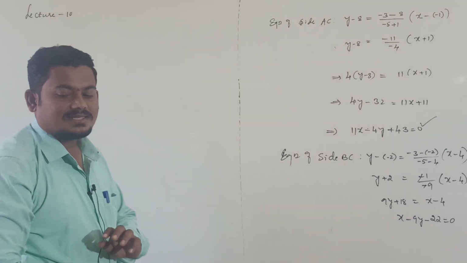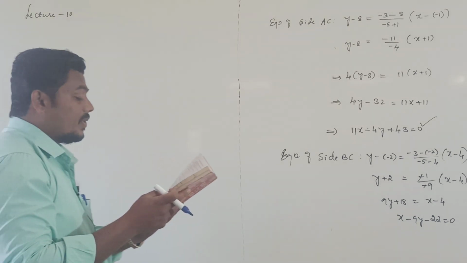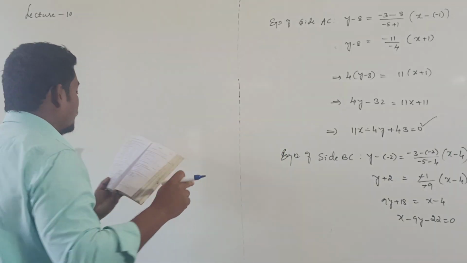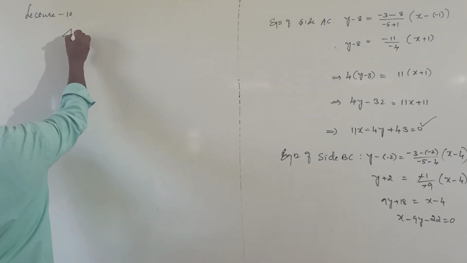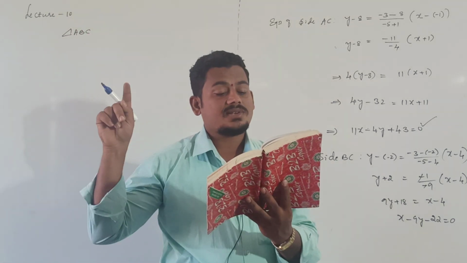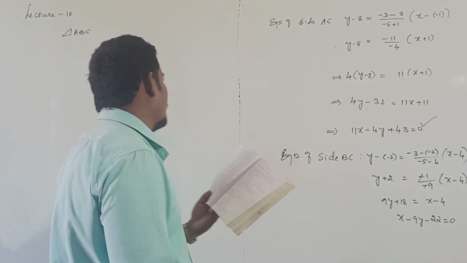in the question, they asked: find the equations of the medians of the triangle ABC whose vertices are given.